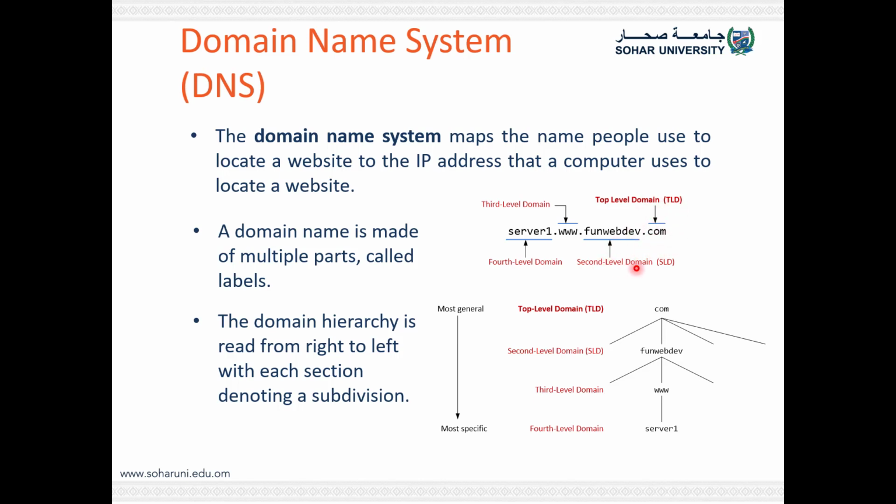Then we have the second level domain, which is the name of the domain. Then we have the third level domain, where we always use www, and sometimes we have another subdivision called the fourth level domain. So we always read the domain name from right to left, as we can find here: top level, second level, third level, and fourth level domain.